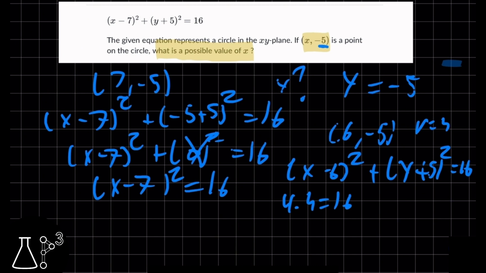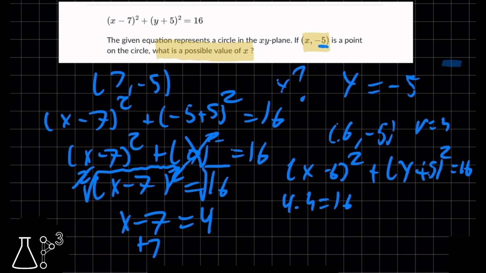The square and the root cancel out, and we're left with x minus 7. The square root of 16 equals 4. So you have x minus 7 equals 4. We add 7 on both sides. Let's find our x value: x equals 11, and that is our answer.